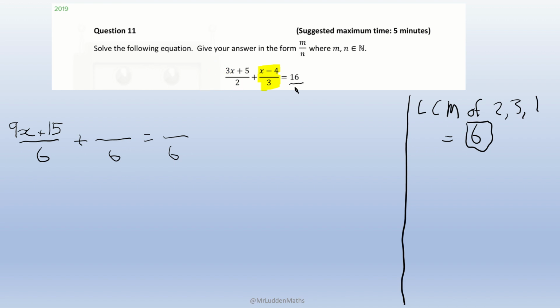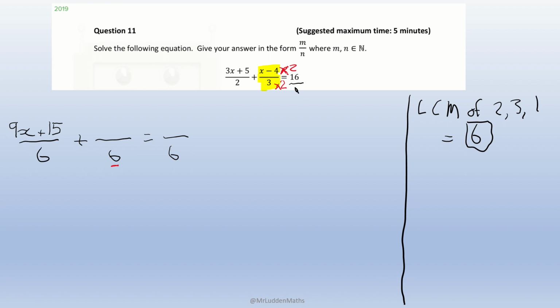Our x minus 4 all over 3, our second fraction, we're going to do the exact same thing. We have a 3 as our denominator, but we want 6. If I multiply 3 by 2, I get my 6 at the bottom. If I multiply that by 2, I've got to multiply the top by 2 as well.